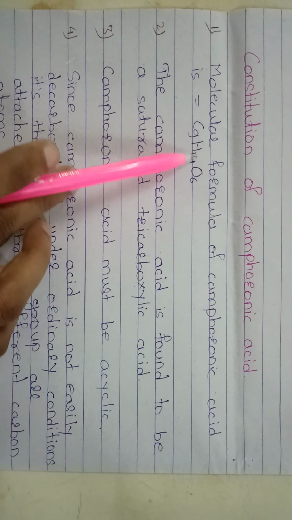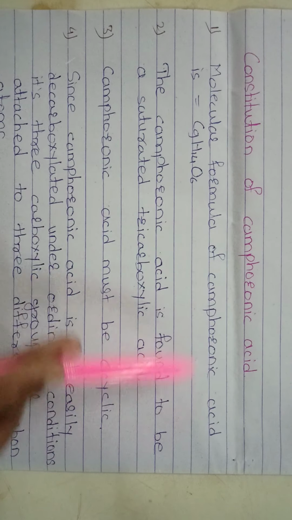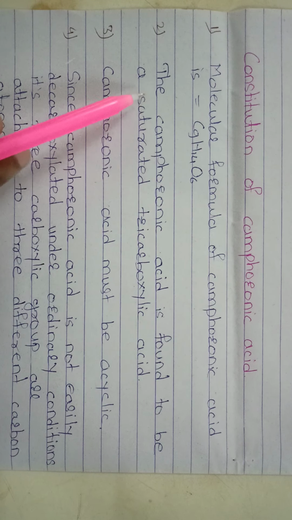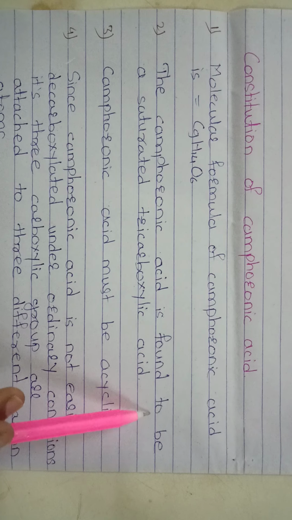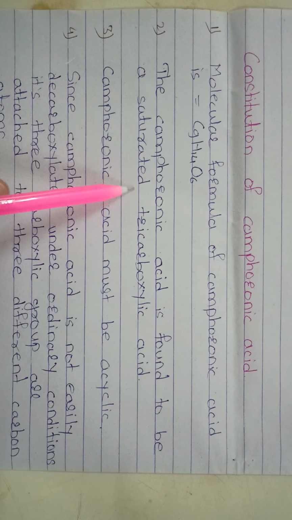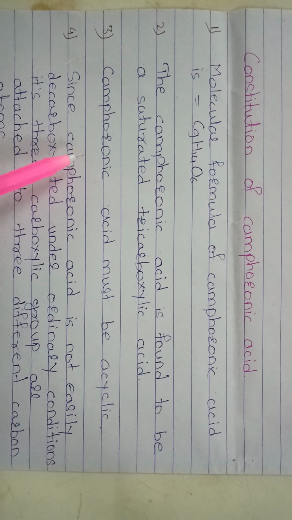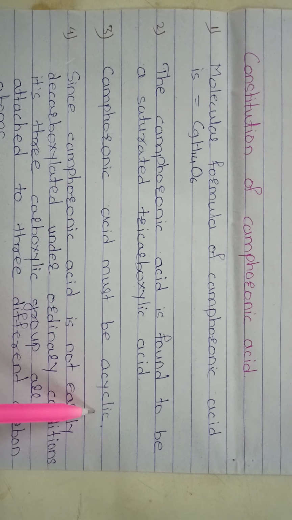Then the constitution of camphoronic acid. The molecular formula of camphoronic acid is C9H14O6. Second point, camphoronic acid is found to be a saturated tricarboxylic acid. Third, camphoronic acid must be acyclic.